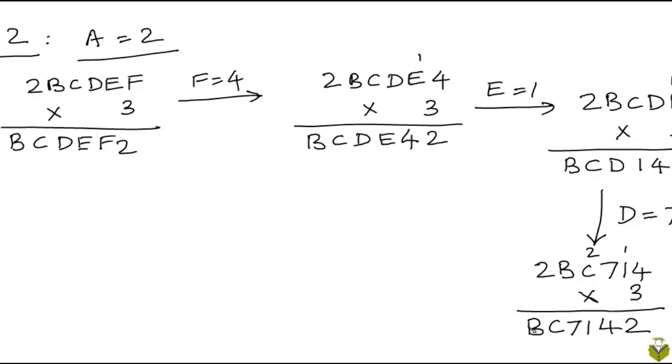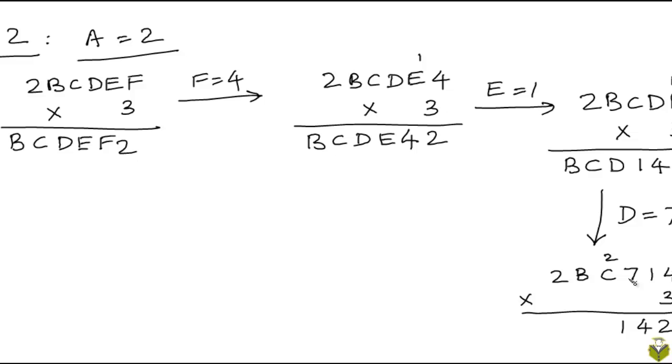This is a little messy, so let me rewrite this properly. So 2BC714 is being multiplied by 3. 3 fours are 12. 3 ones are 3 plus 1 is 4. 3 sevens are 21.